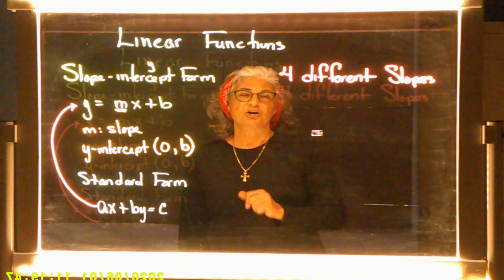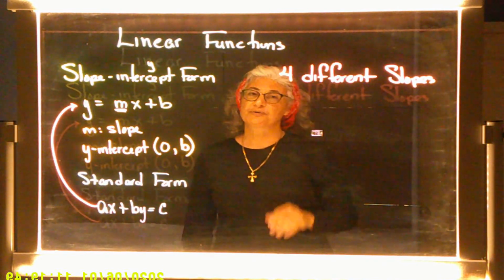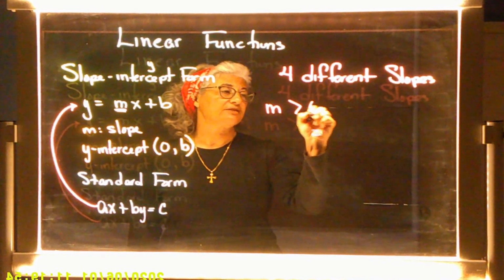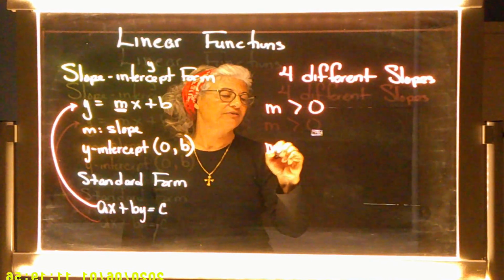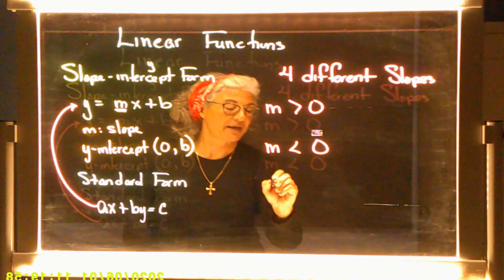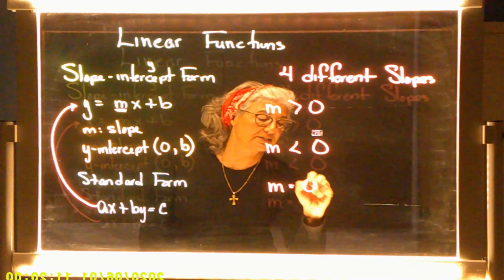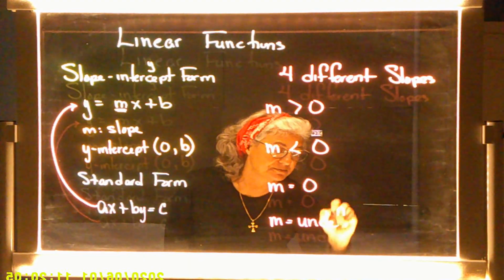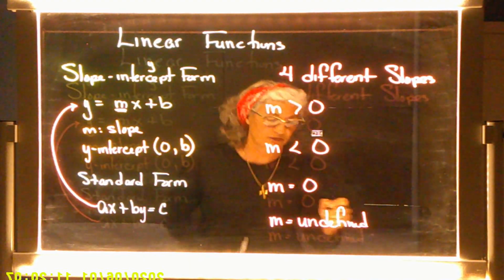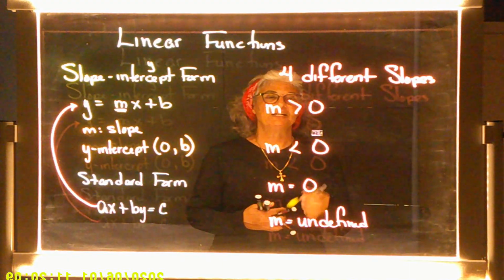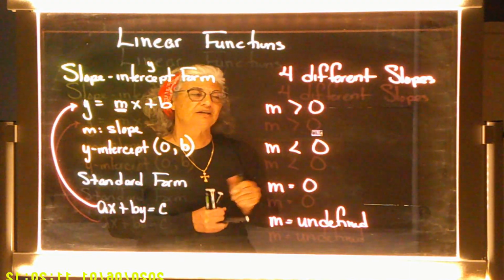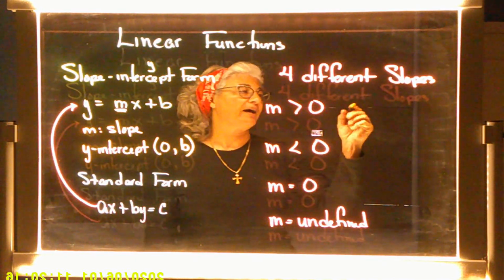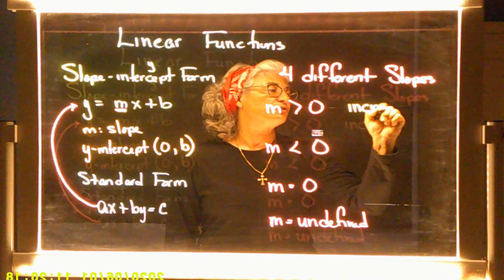Good? Okay, now just as a refresher, there are 4 different types of slopes. We either have a positive slope, we have a negative slope, we actually have the slope equaling 0, and we actually have the slope being undefined. All right, so let's take a look at what these mean. If your slope is positive, that means from left to right on a graph, your graph will be increasing.